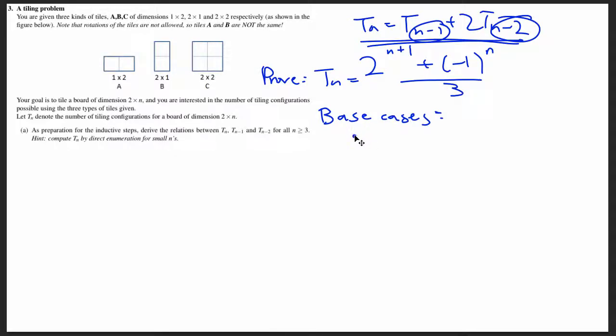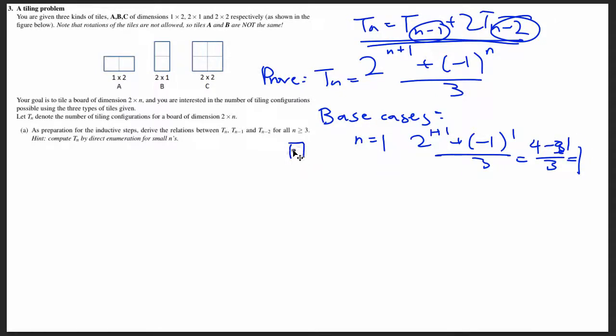So for n equals 1, we have 2 to the 1 plus 1 equals 4, minus 1 over 3 equals 1. And this corresponds to tile B. So this works. For n equals 2, to make this clear, T1 equals 1 and T2 equals 3.